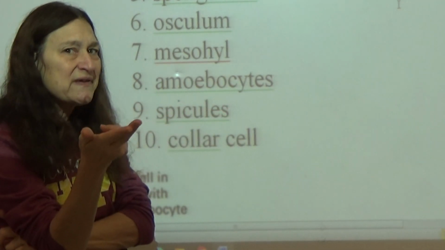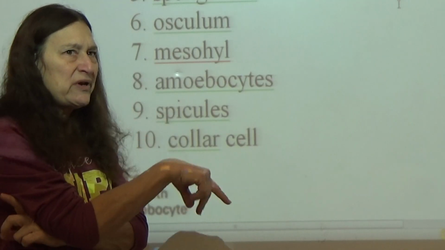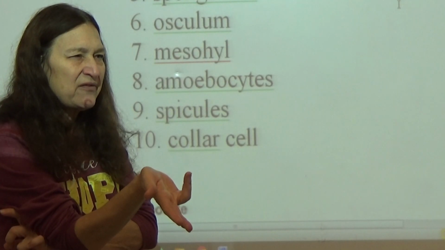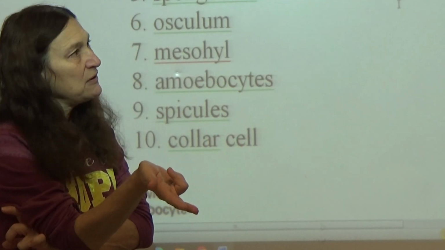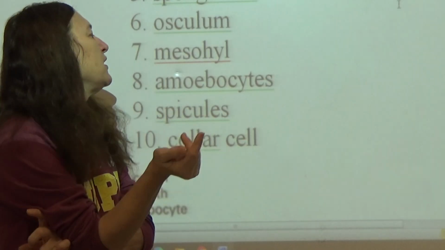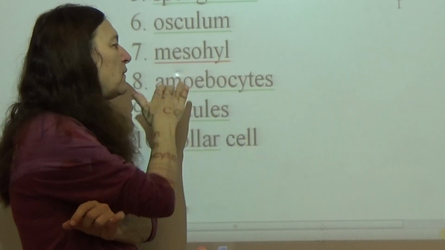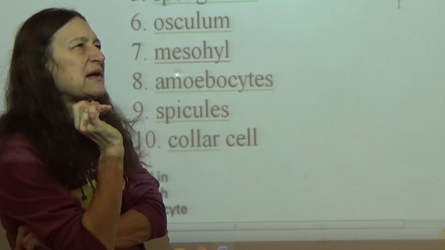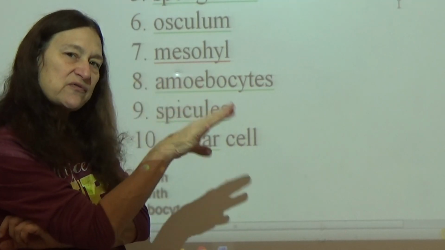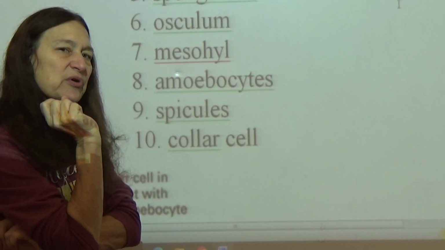Now you know what a cell is. You know what an amoeba is. So does that mean they have little amoebae living inside of them? No. It's just that the cell kind of functions, does some of the same things that an amoeba would as far as obtaining food for the sponge.